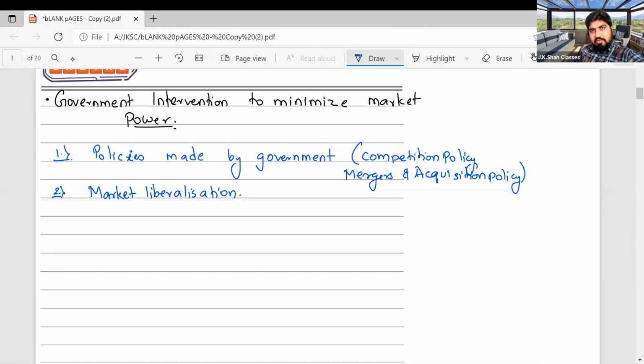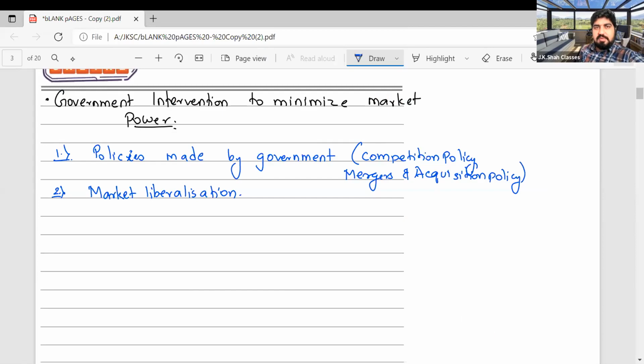Someshwar, did it create monopoly in the market? So it will restrict only when it creates. Market liberalization. Now, what do you mean by market liberalization? Now, let's suppose if there is a company which is having monopoly in Indian market, no competition at all.